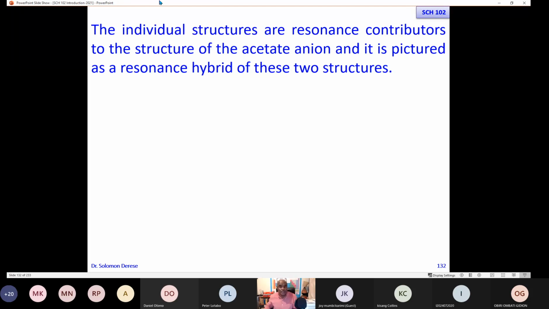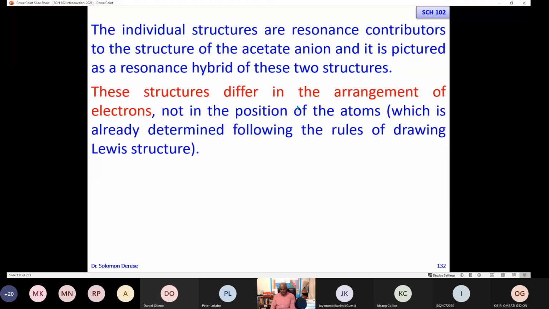The individual structures are resonance contributors to the structure of the acetate ion, and it is pictured as a resonance hybrid of these two structures. So the true structure of the acetate ion is a resonance hybrid of the two structures.